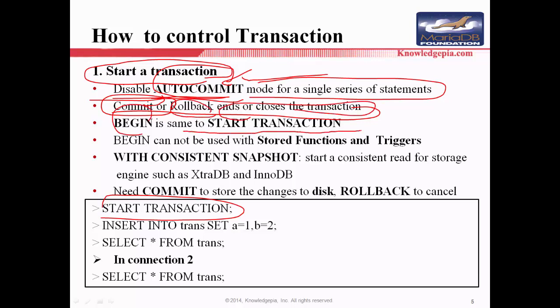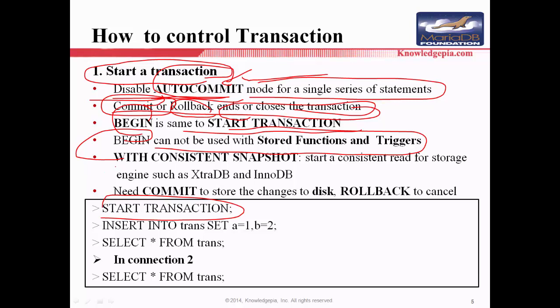If you start a transaction, using commit or rollback we can finish it. BEGIN is the same as start transaction, but BEGIN cannot be used with stored functions and triggers; in those cases we have to use only start transaction.